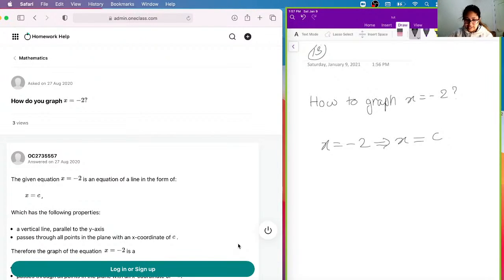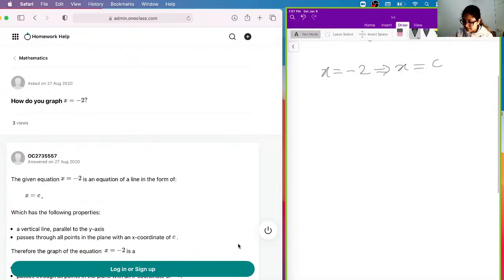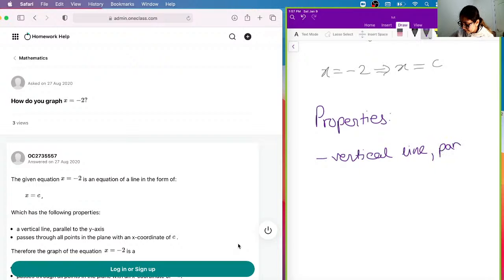And this has the following properties, as stated here: it is a vertical line parallel to the y-axis, and it passes through all the points in the plane with the x coordinate of c.